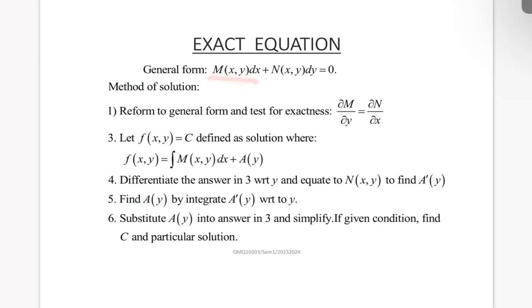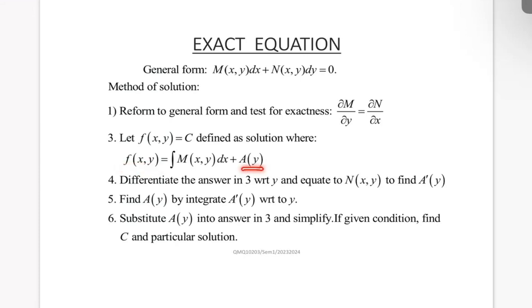So to find f(x,y), you integrate M with respect to x, and then you add some function g(y). So integration of M with respect to x plus the function g(y). Don't forget the unknown function g(y). After you integrate, you will get f(x,y) with some function g(y).